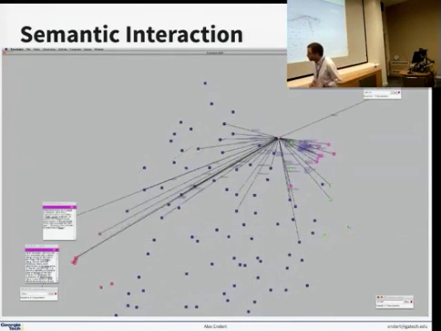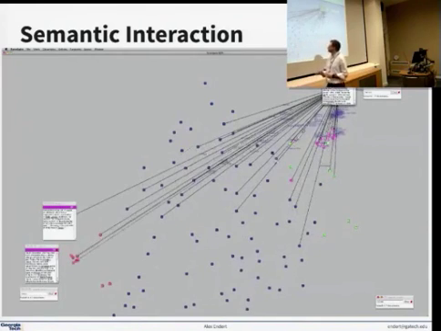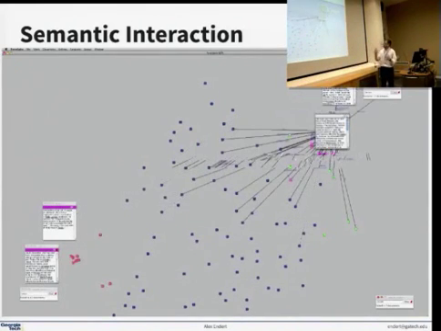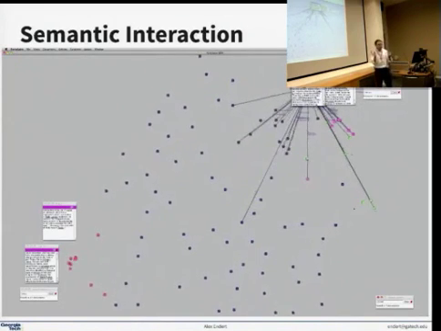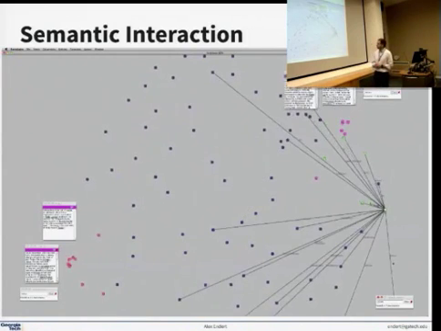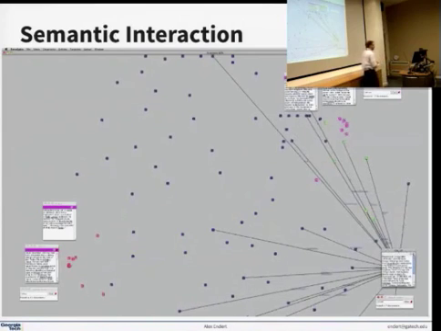Over here, it looks like I'm forming a cluster around Russia or something. And up there, I think I have Texas or Atlanta or who knows what that thing is. But the idea is as I start to pull things closer together, the system learns from my user interaction and updates the spatial clustered layout as a result.